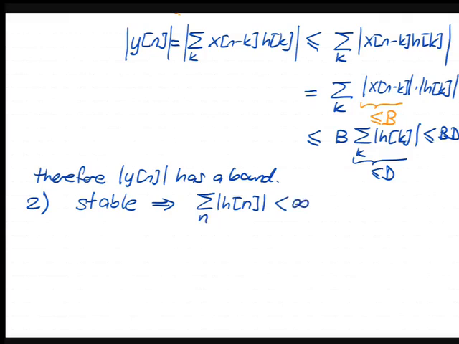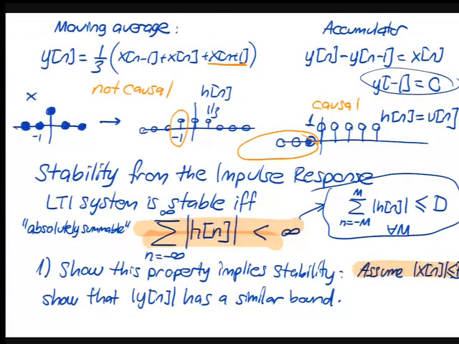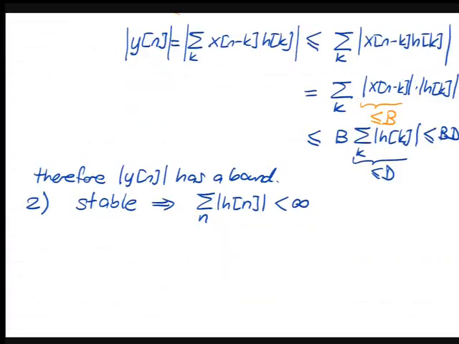Okay, again, we can do the same trick we did in the other case. We can use this contrapositive argument, right? So what is the opposite of that? This is infinity. So as I do this sum from negative m to m, it will keep growing. I will never be able to find a bound that works for all m, right? That's the contrapositive argument.